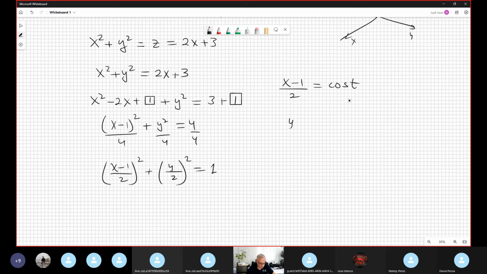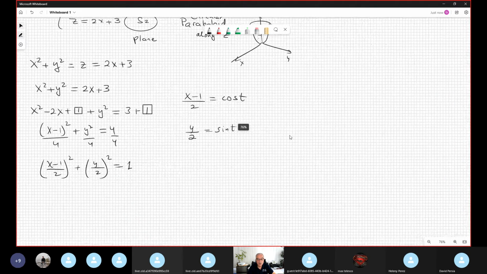Yo declaré que y over 2 es sin t. Therefore, x alone is 2 cosine t plus 1. Nice. And y is equal to sine t.